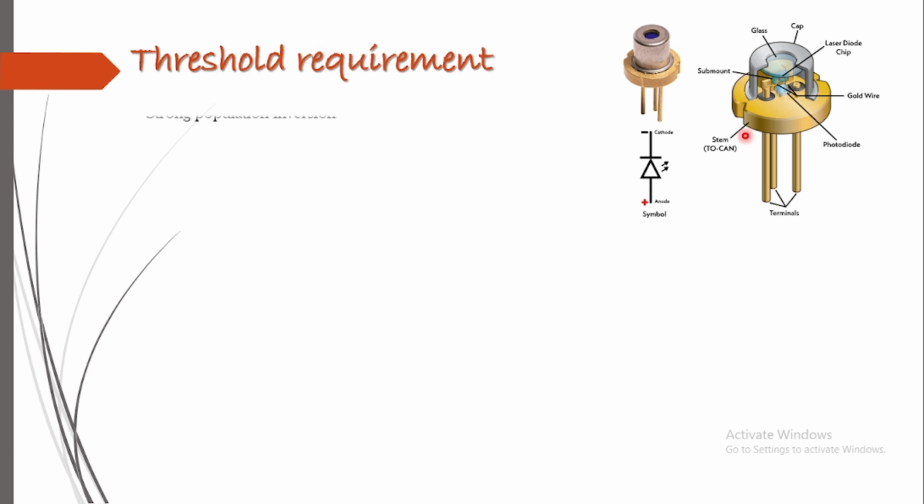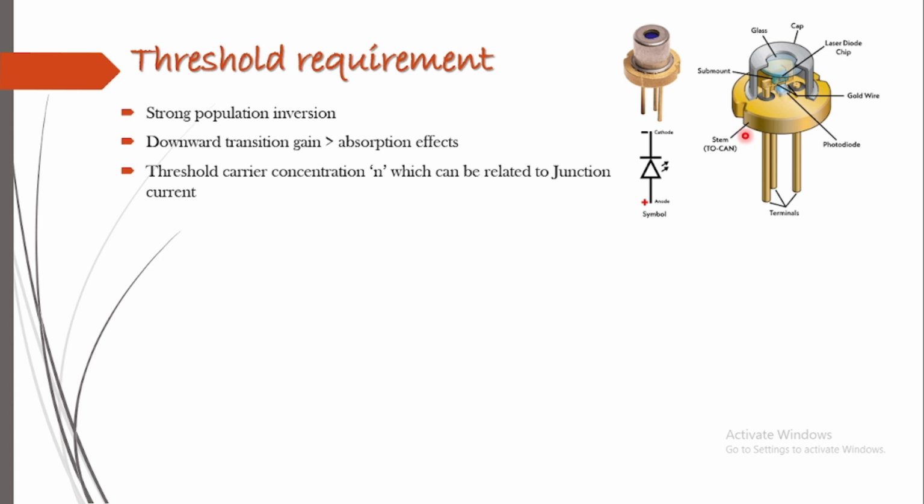The population inversion should be strong enough for the gain made by the downward transitions to be larger than that of the absorption effects. So the absorptions may be like free carrier absorption, etc., such as the partial transmission incurred every time the beam hits the faces of the crystal. There is a threshold carrier concentration which we denote as N, which can be related to a measurable quantity, that is the junction current.